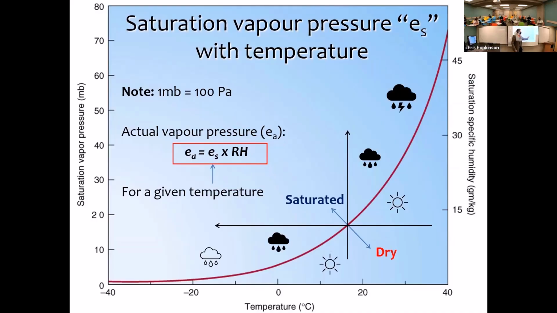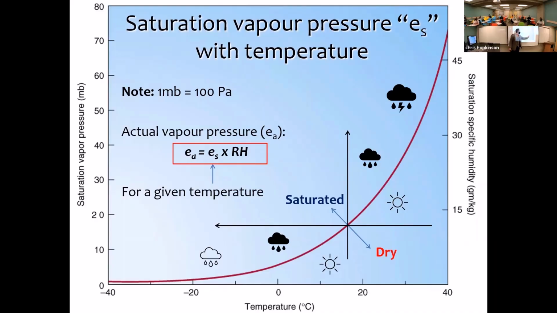And the further up we are on this side, or the warmer the atmospheric temperature, the more moisture the air mass can hold. So if we're on the saturated side of this curve at a high temperature, then there is a huge amount of moisture in the atmosphere. If we're on the saturated side of this curve at a low temperature, then there really isn't a lot of moisture in the atmosphere.